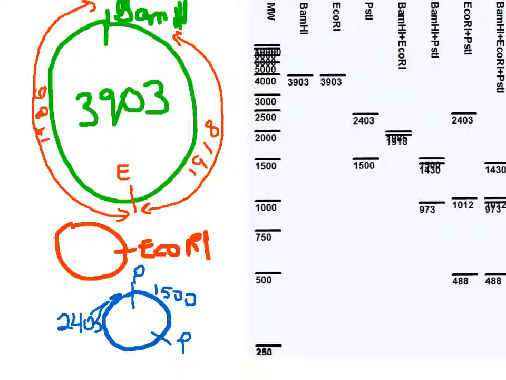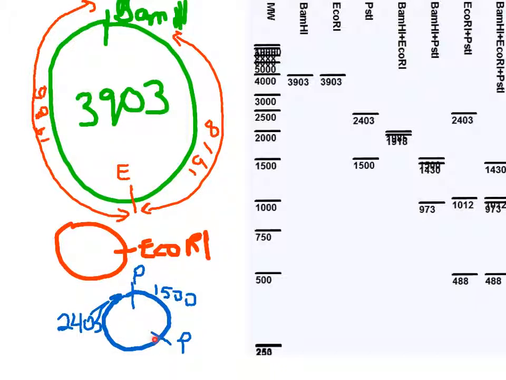And I also have to figure out where the PST1 sites are relative to these two. So if I look at the double digest of PST1 and one of these, well, let's start with BAM because it's the next one in the row, we see that 3 fragments result. So we have these 2 fragments that result when we cut with PST1, the 1500 and the 2403, and then we cut one more time with BAM, and so BAM has to be cutting somewhere along here.